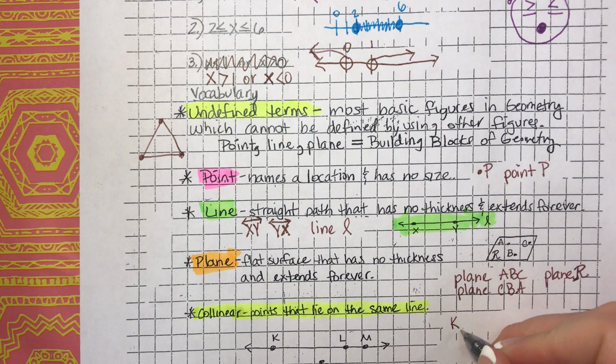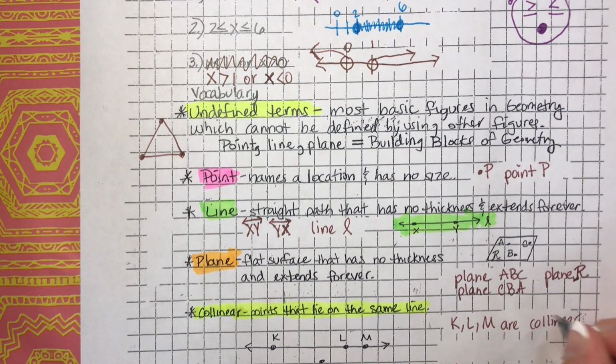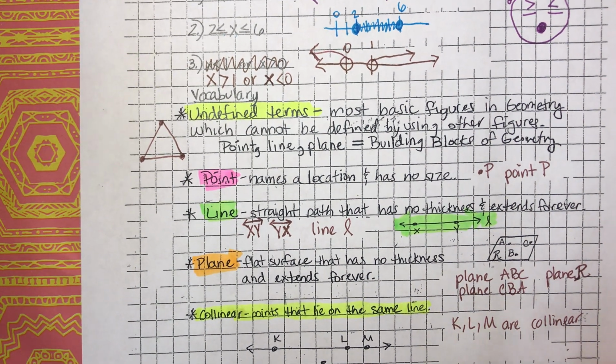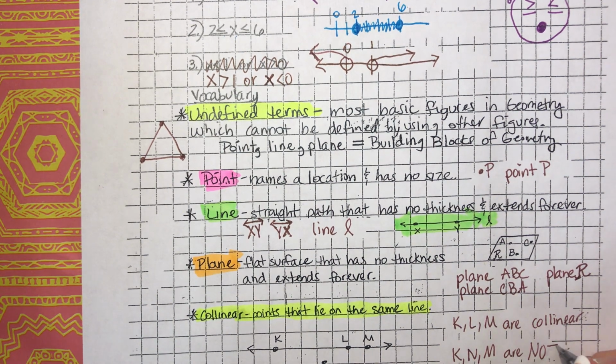K, L, and M are collinear. They're points on the same line. However, K, N, and M are not on the same line, so they are not collinear.